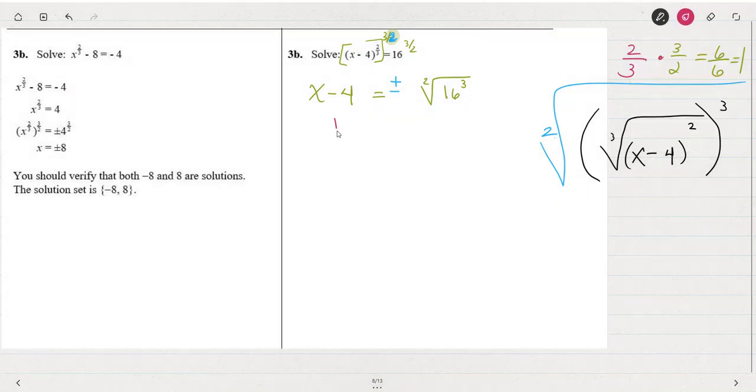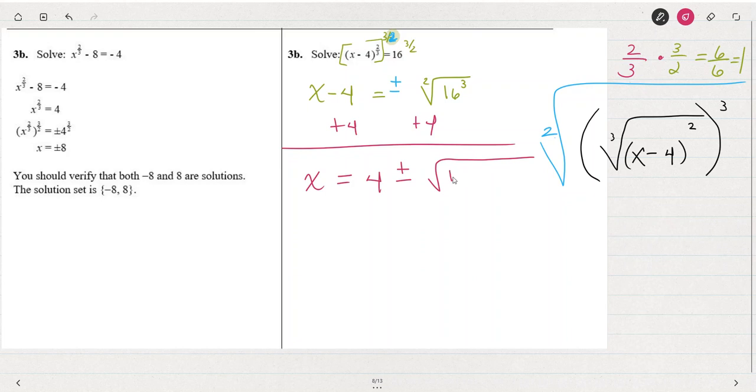I'm going to add 4 to both sides, and I've got x equals 4 plus or minus the square root of 16 cubed. I'm going to write that 16 cubed out expanded so that you can see what I'm doing here.